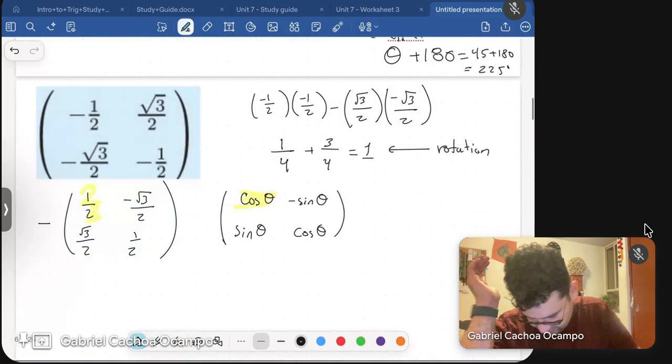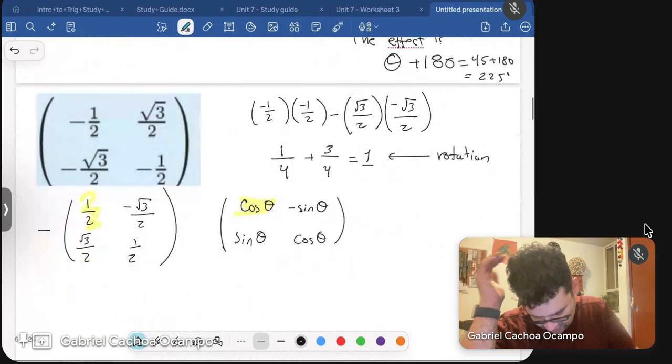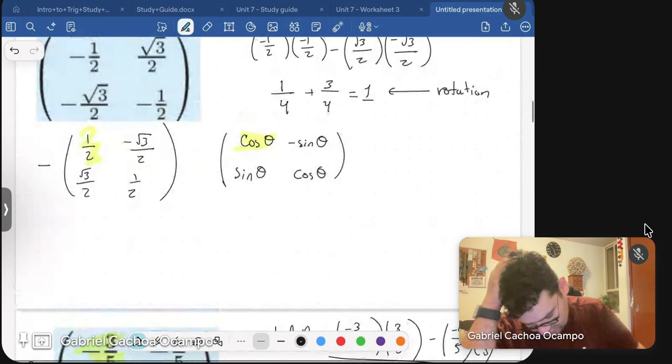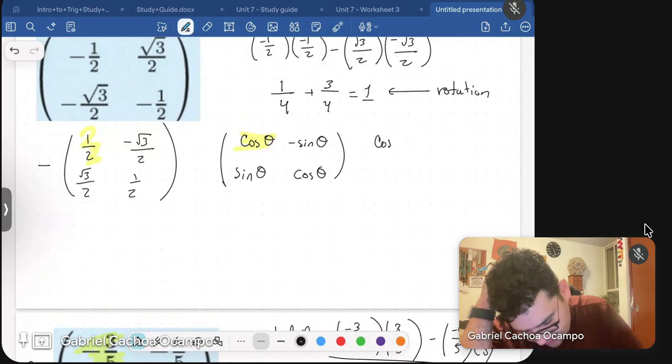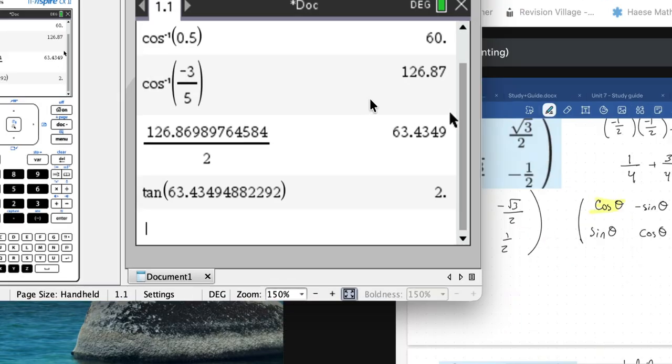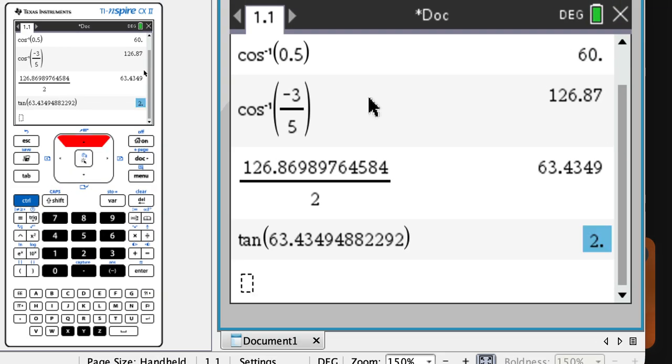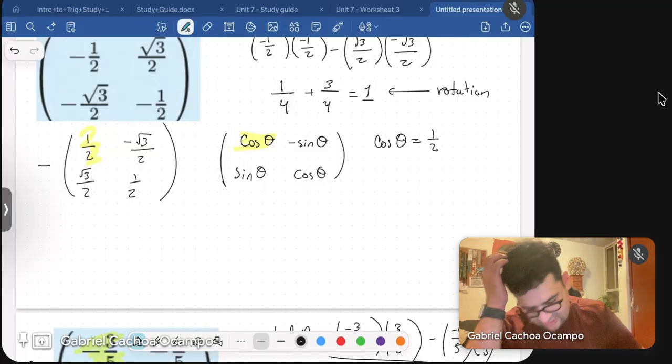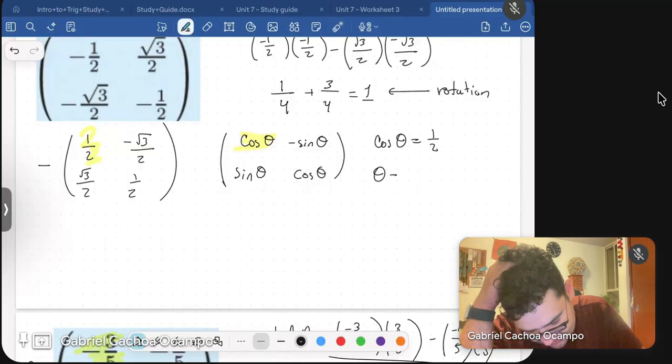So the equation that I would need to write is cosine of theta equals 1/2. I go to my calculator. Inverse cosine of 1/2. That means that theta is 60 degrees.